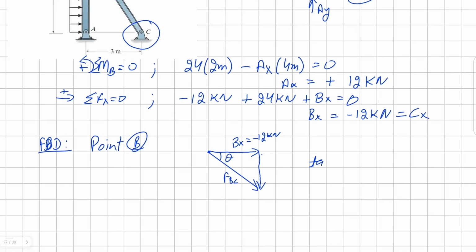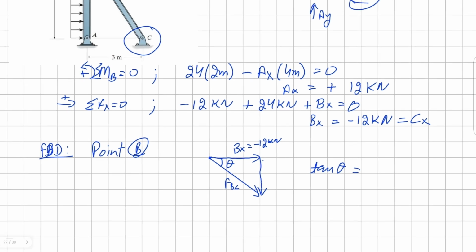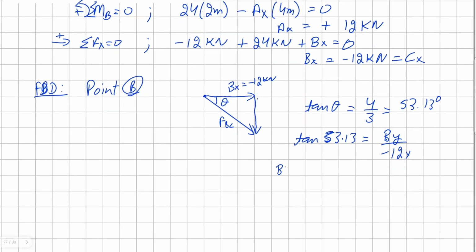So angle is going to be tan theta equals 4 divided by 3, which is going to be 53.13 degrees. And now taking tan of 53.13 and By as our vertical component, and we already found our horizontal component. Solving for this, we get By as positive 16 kilonewton.